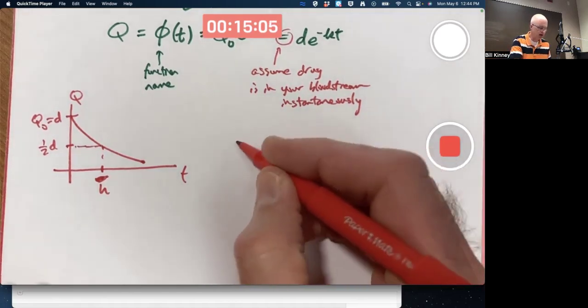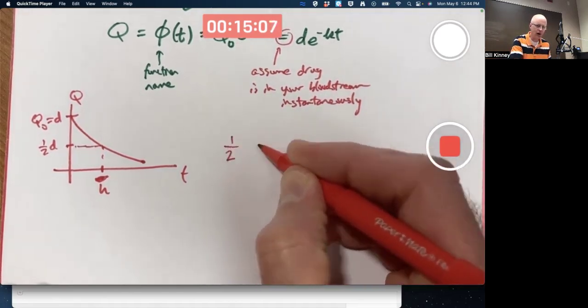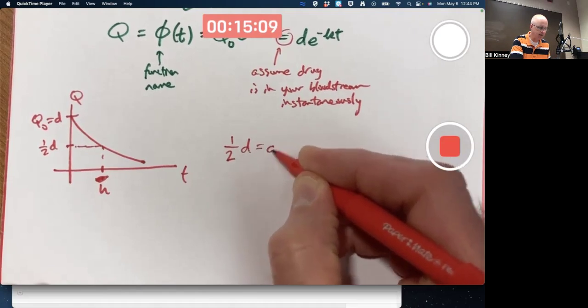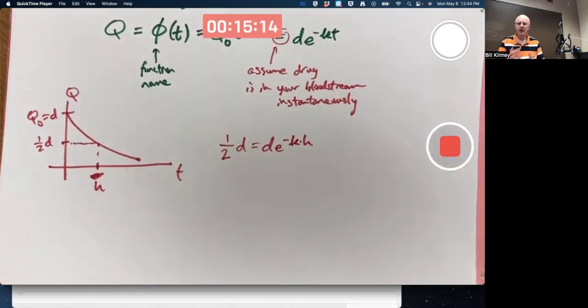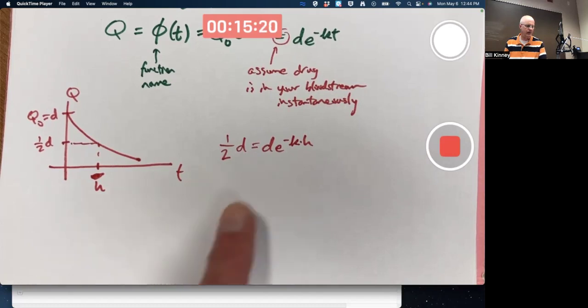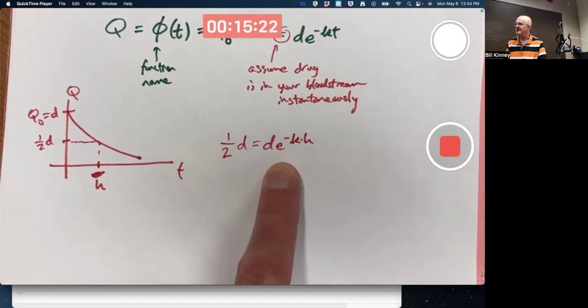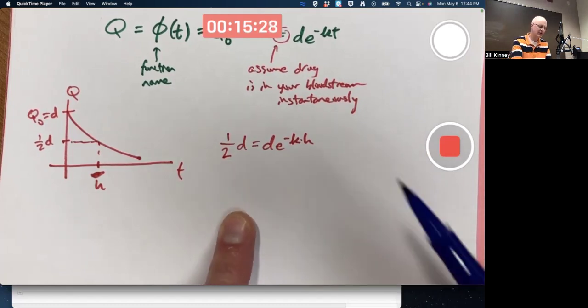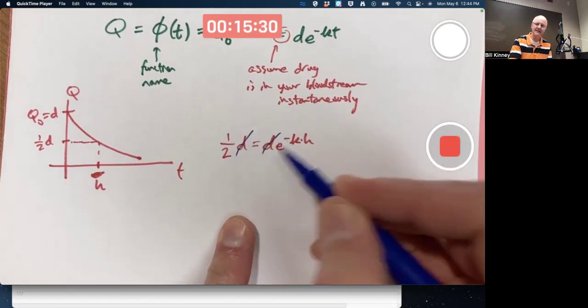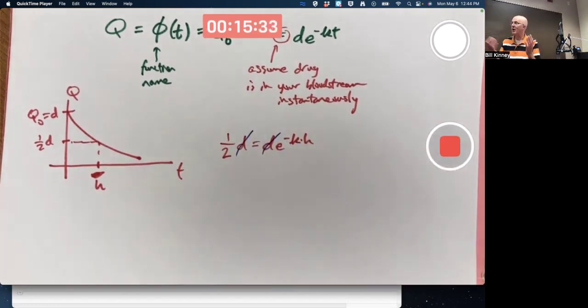We can solve for H by setting 1/2 D equal to D e to the negative k times H. That equation defines the half-life. The half-life is an amount of time where the function, when you plug it in for t, equals half the amount you started with. That's what half-life is. And then we can do algebra to solve for it, and the D's cancel. The D doesn't matter. So mathematically speaking, that's why the D doesn't matter.